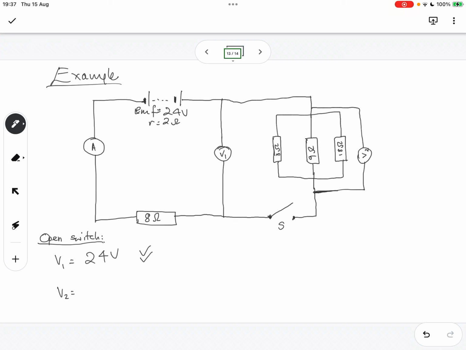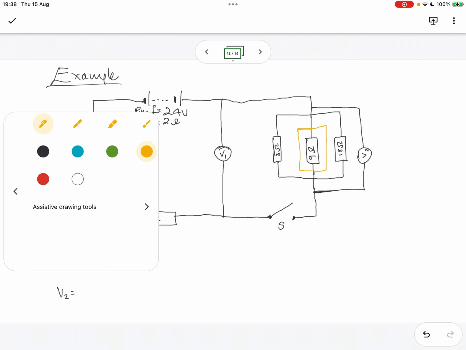I think they will be equal. They will not be equal, because remember that discussion where we can think of the parallel circuit as having an equivalent resistance.